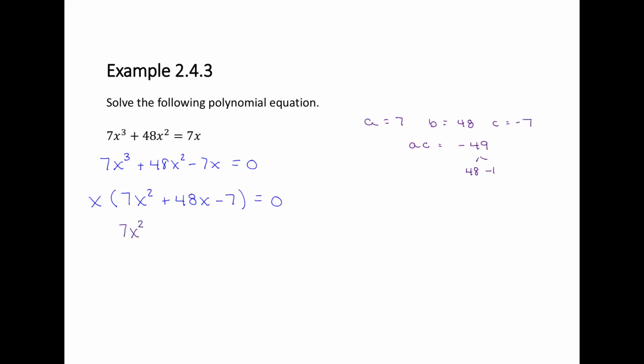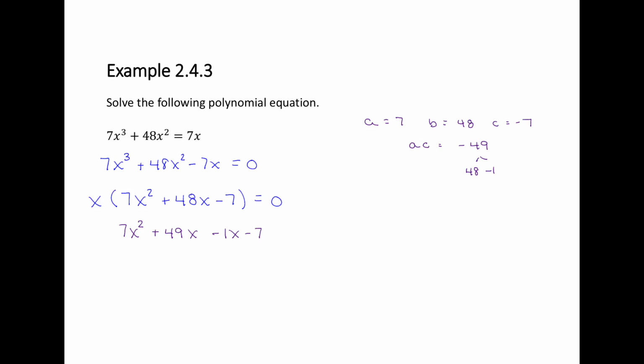I'll have 7x squared plus 49x minus 1x minus 7. So I've just taken the 2 numbers I found and replaced them here in the middle, and if I combine these, I get 48x.